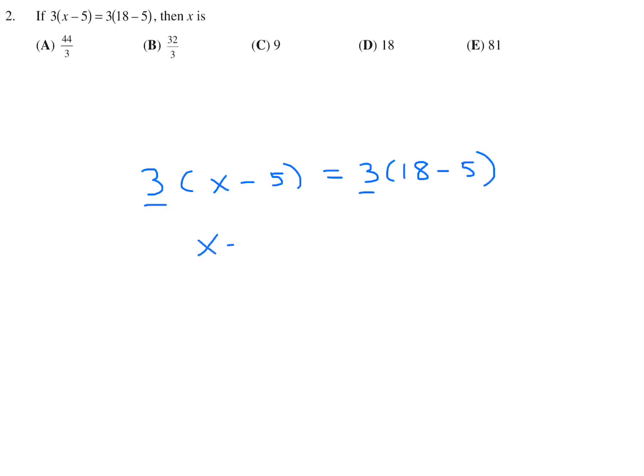So you just have x minus 5 is equal to 18 minus 5. And you can add 5 to both sides, and you're just left with x equals 18. And like I said, you can do this in any way that you feel comfortable. You can multiply it all out, but this is a very simple way of doing it. So therefore the answer is D.